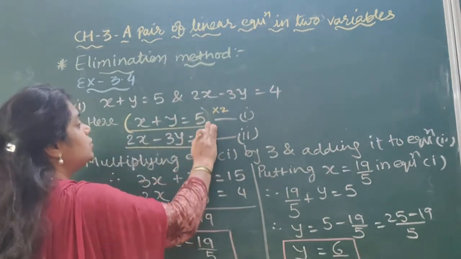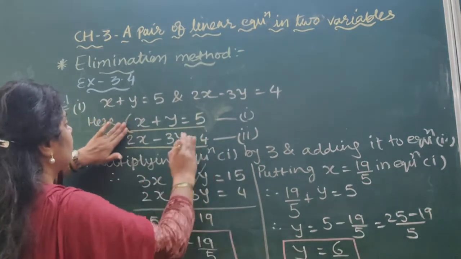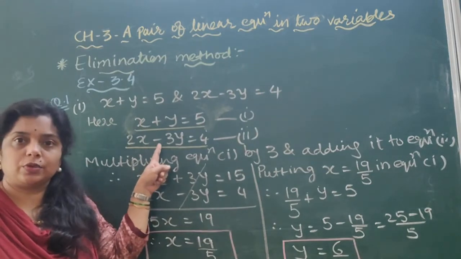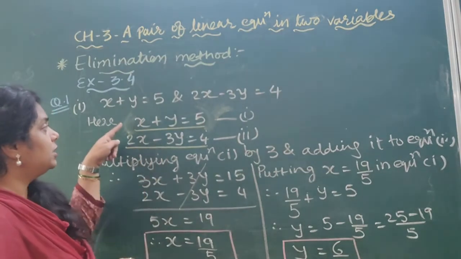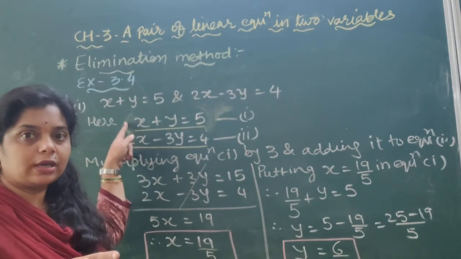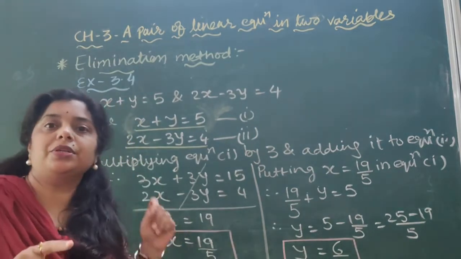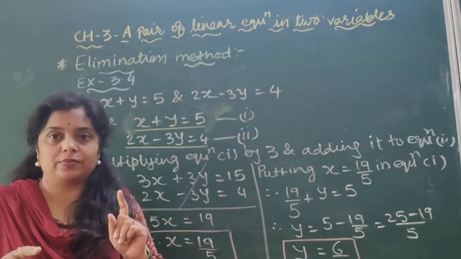But here, as you see, this is plus and minus. If I multiply with 2, it is also okay, but then I have to do the subtraction between both equations.